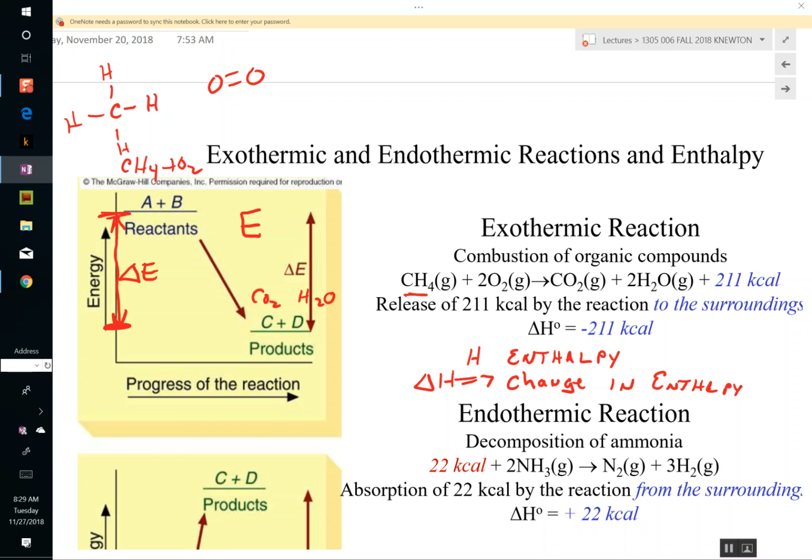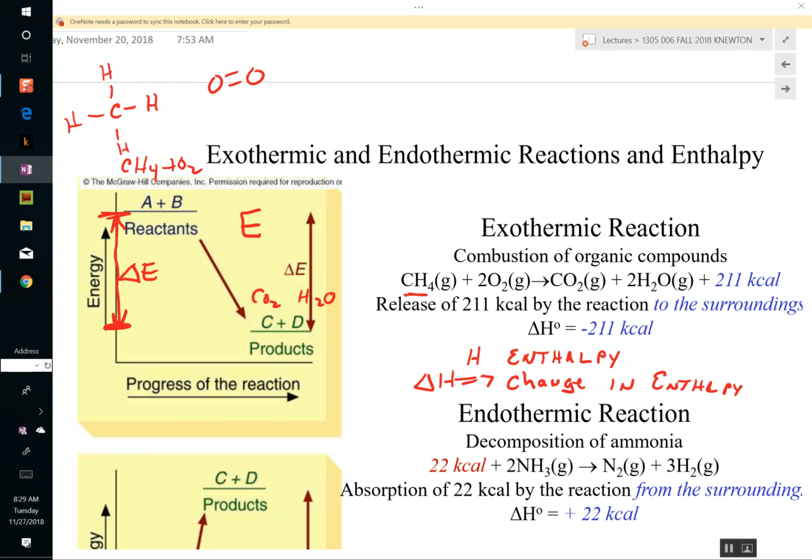But we can know this difference exactly. Okay? So that's why we focus on the change in enthalpy, not fundamentally what this enthalpy is or that enthalpy is. We talk about the difference in enthalpy. How much did it change?